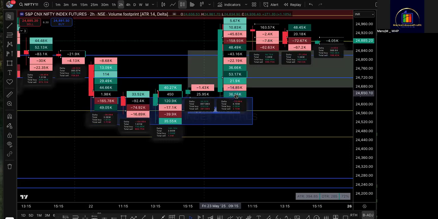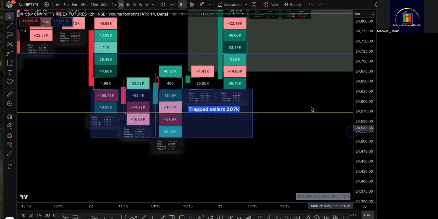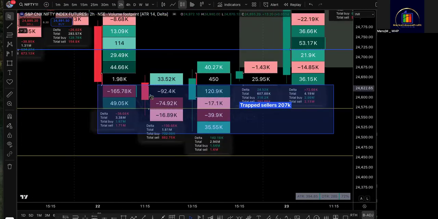What we see here is a delta. A delta means the difference between the buy market orders and the sell market orders, which is printed here. Now, if you see in the last 3 candles, these were negative delta prints at this price, and continuously you had these negative delta prints.